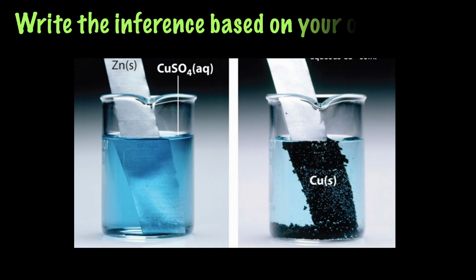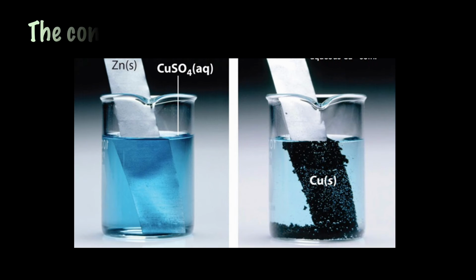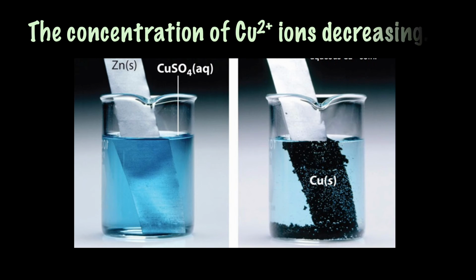Write the inference based on your observation. Jika observation kamu tulis becomes less blue or paler, maka inference kamu ialah the concentration of copper(II) ions is decreasing. Semakin berkurangan copper(II) ion, semakin kurang biru larutan tersebut.